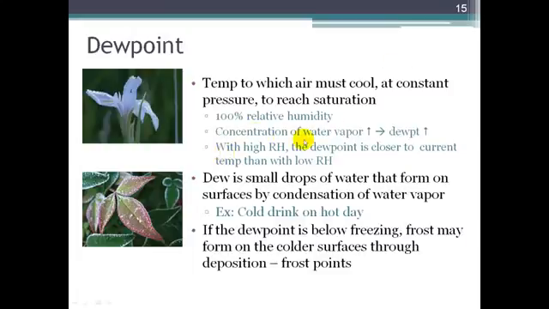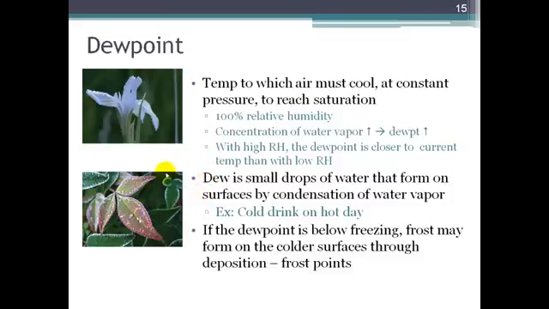So as the concentration of water vapor increases, the dew point also increases. So if you add more water vapor, everything held constant except you add more water vapor, the dew point is going to increase.